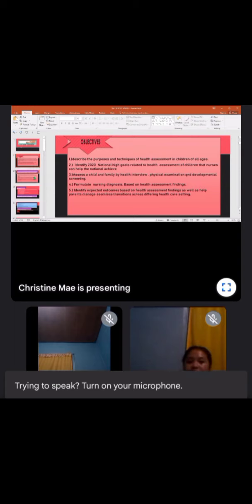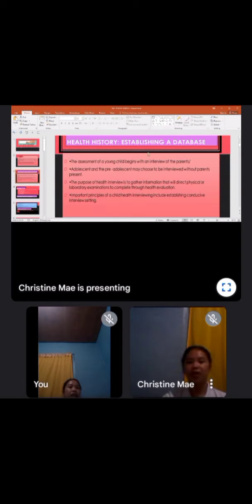So, the next is health history. Health history is establishing a database. So, unsa man ang purpose of establishing a database? In assessment, a young child's assessment begins with an interview of the parents. Syempre, ang purpose jud ani syempre ang like newborn sa mga bata nga nag-edad 1 to 5.